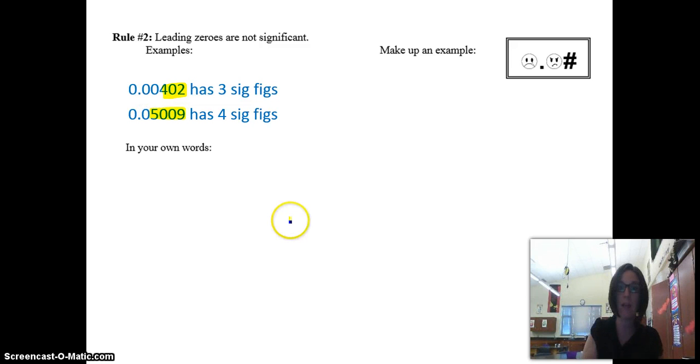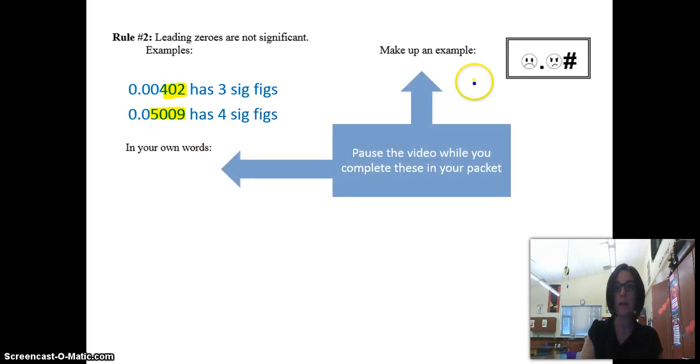The 5 and the 9 are significant figures. The 2 zeros in between, rule number 1, but those first 2 are not significant figures because they're just leading zeros. Basically, they are placeholders keeping those non-zero digits in the specific place, like in this one, it's in the hundredths place.